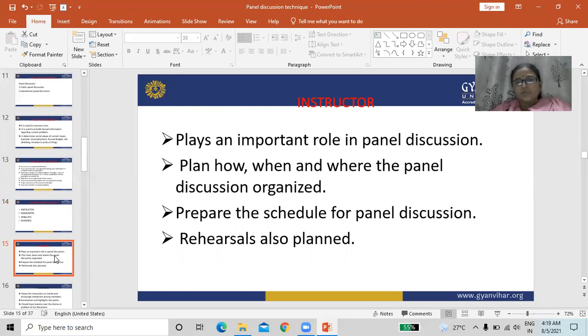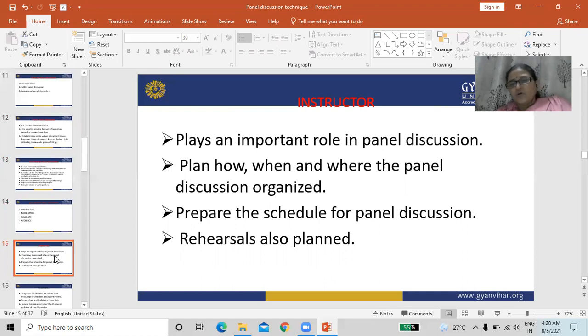The instructor plays an important role in panel discussion. Planning how, when, and where the panel discussion is organized is the responsibility of the instructor. Topic, panel members, space, date, and time are all the responsibility of the instructor. All decisions are taken by the instructor.